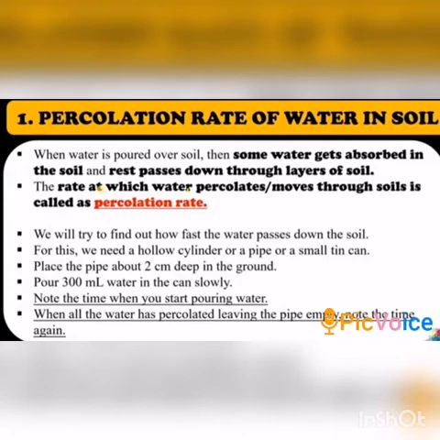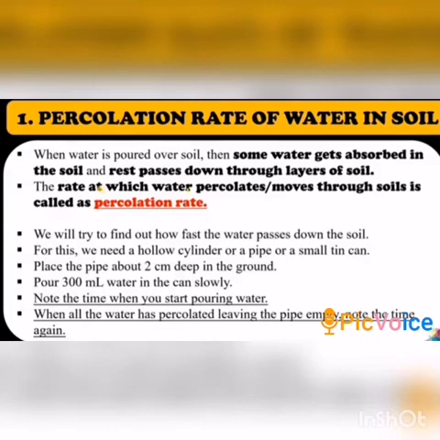To understand this property, we will do one activity. We will try to find out how fast the water passes down the soil. For this activity, we need a hollow cylinder or a pipe or a small tin can. Place the pipe about 2 cm deep in the ground.